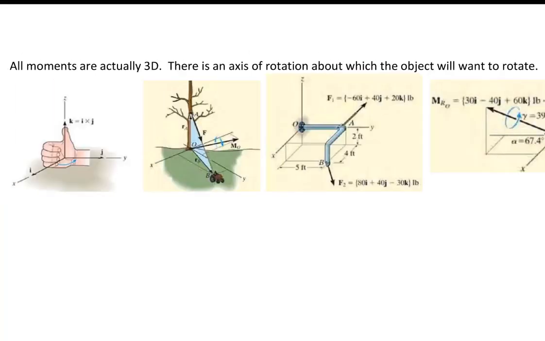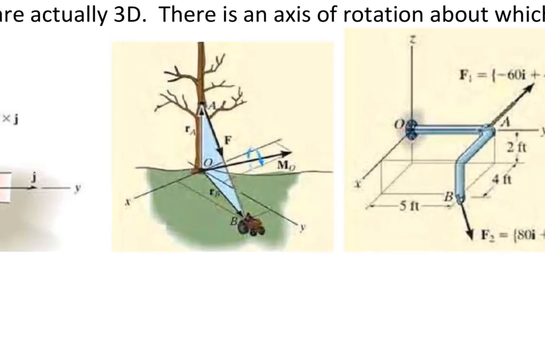Going back to our tractor, this is the moment vector, the axis about which it will try to rotate. You can see how they've drawn the moment twist going around that axis. You could actually put your fingers around that axis, and your thumb could go along that way.